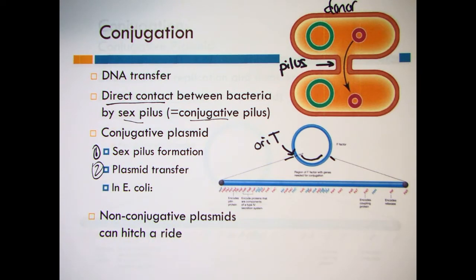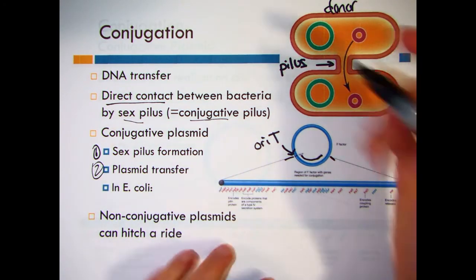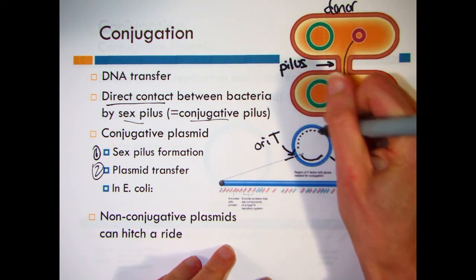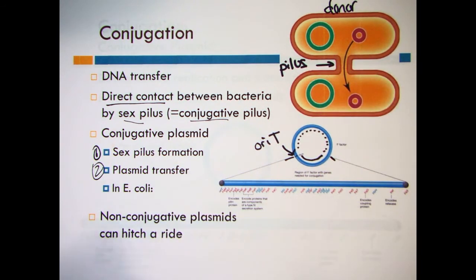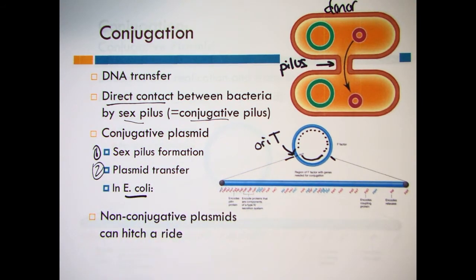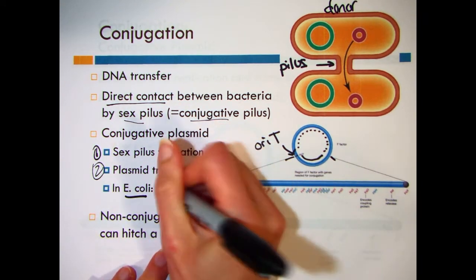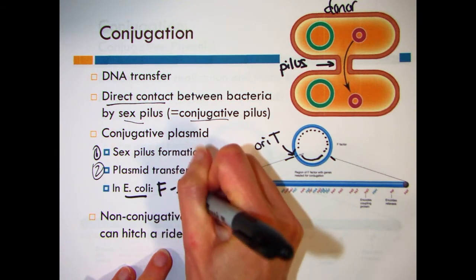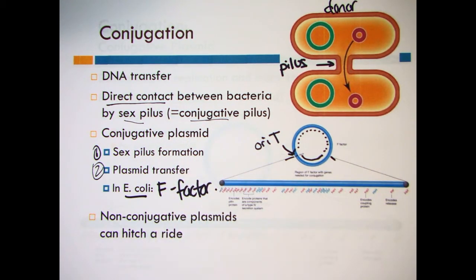The conjugative plasmid can contain all kinds of other stuff as well in this remaining two-thirds-ish of the plasmid, but these two things must be present in order for conjugation to work. In E. coli, which totally should be underlined, this conjugative plasmid is called the F factor. And so consequently, we're going to be talking about the F factor on all of the subsequent slides.